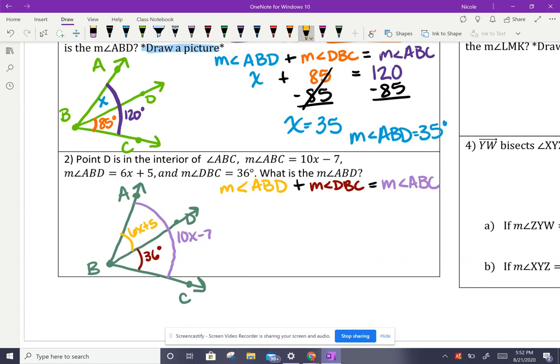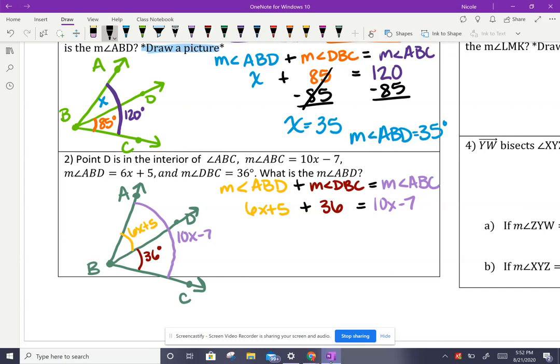I'm going to plug all the pieces in. I have 6x plus 5 as the measure of angle ABD, plus the measure of DBC, which is 36 degrees. And the measure of angle ABC is 10x minus 7. Now I just have an algebraic equation that I can solve for x.